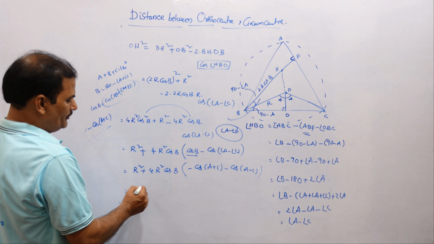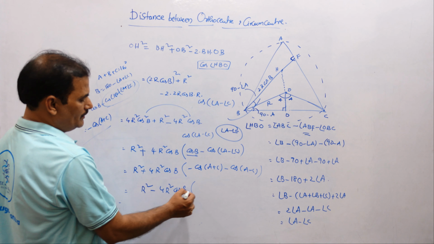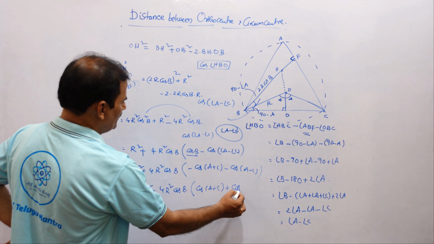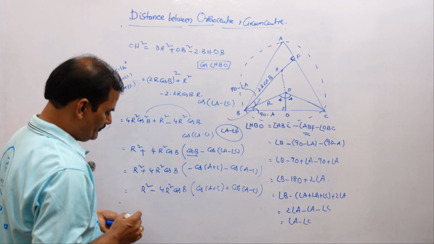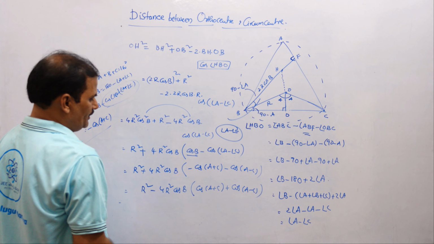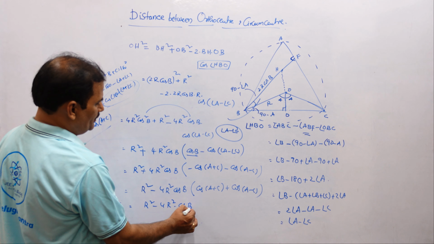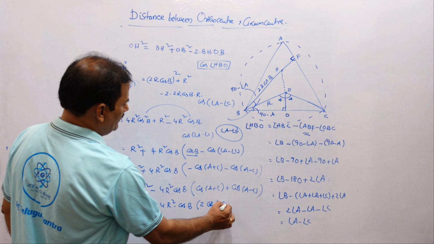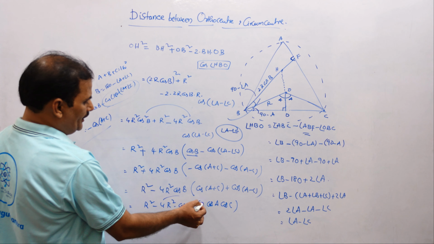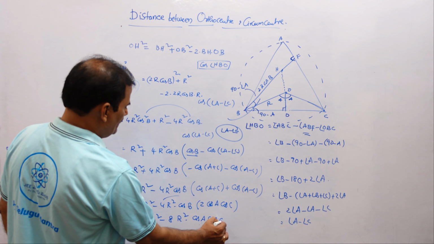Now minus common: R square minus 4R square cos B times minus of cos A plus C plus cos A minus C. Cos of A plus C plus cos of A minus C is 2 cos A cos C. And finally R square minus 4 into 2, that is 8R square cos A cos B cos C.